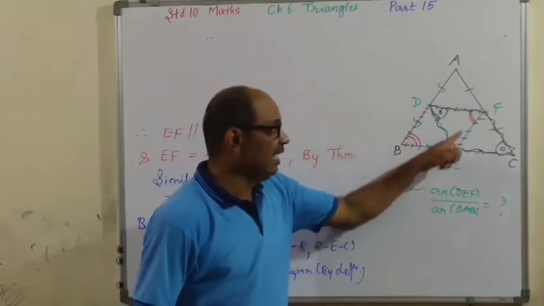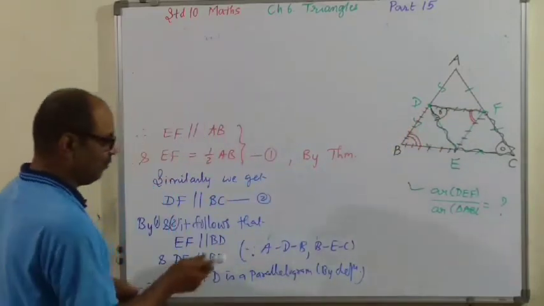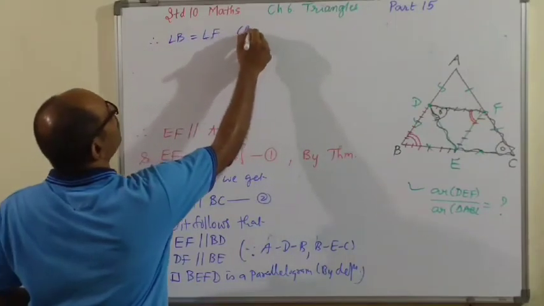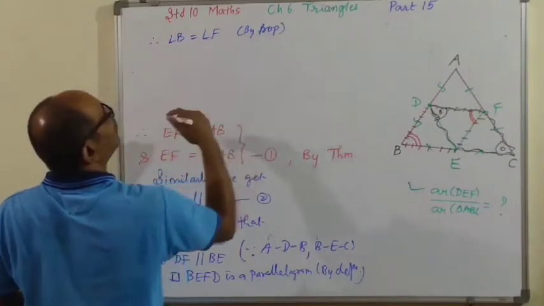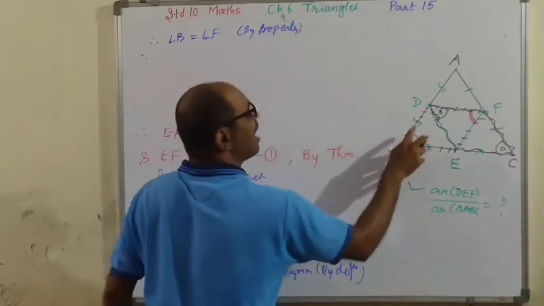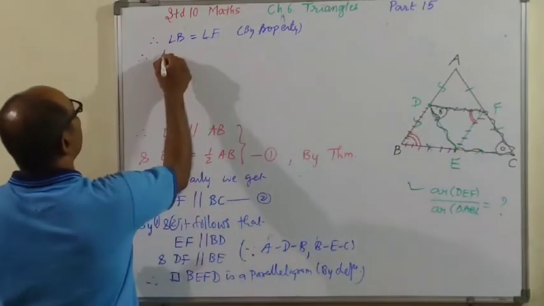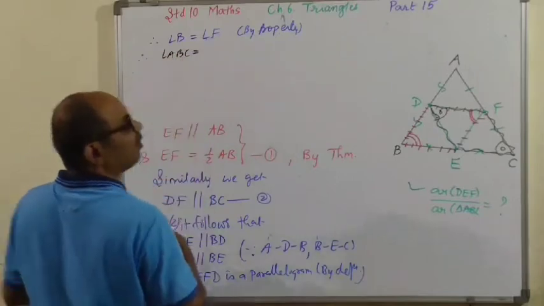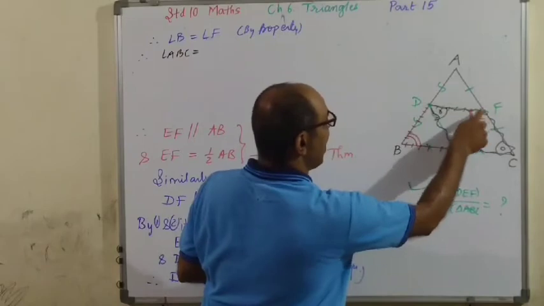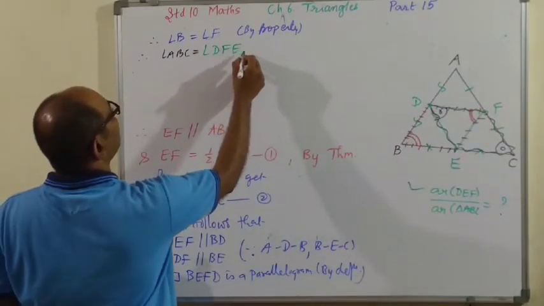If BEFD is a parallelogram, then angle B equal to angle F. Therefore, angle B equal to angle F by property of parallelogram. Write B fully in black form: angle ABC. Therefore, angle ABC equal to F, write it in green form: DFE, angle DFE.